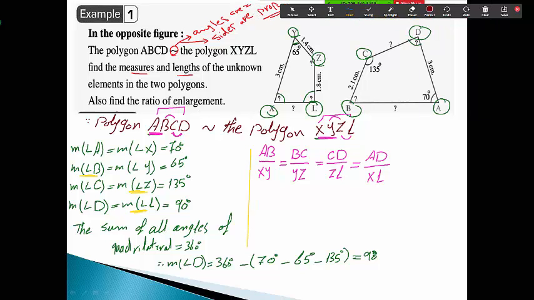So AB, where is AB? It's missing, so we'll keep it as it is, AB over XY equals 3 centimeters, and BC 2.1 over ZY 1.4, and CD, it's missing, so we write it as it is, over ZL 1.8. The last one, AD equals 3 centimeters, and XL is missing, so we write it as it is.